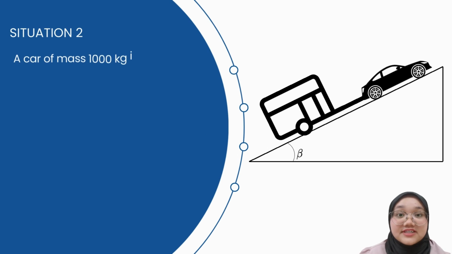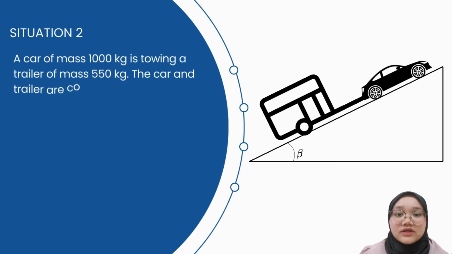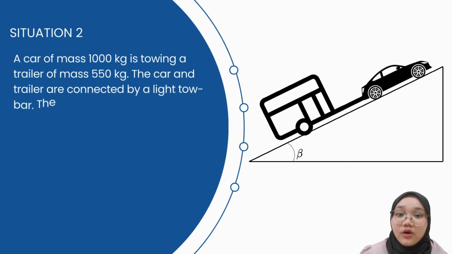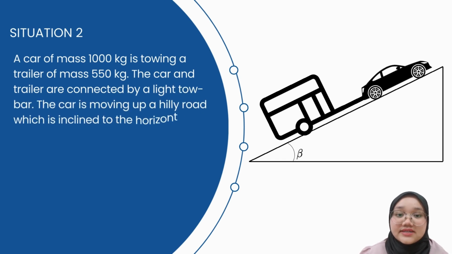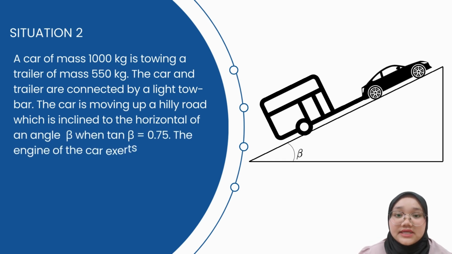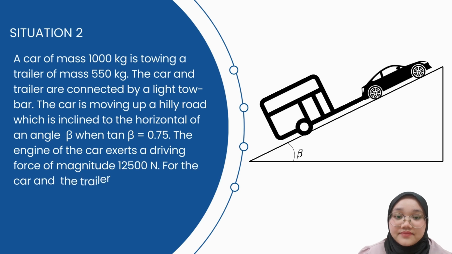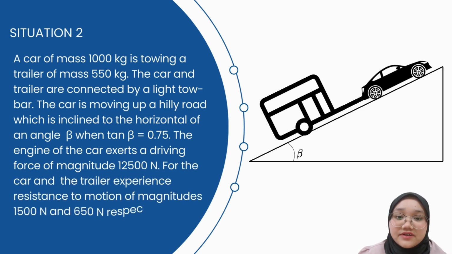So we are moving to the next situation, which is situation 2. A car of mass 1000 kg is towing a trailer of mass 550 kg. The car and trailer are connected by a light tow bar. The car is moving up a hilly road which is inclined to the horizontal at an angle beta where tan beta equals 0.75.